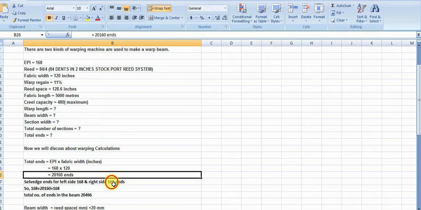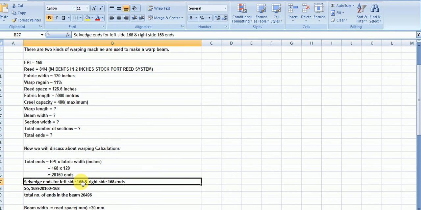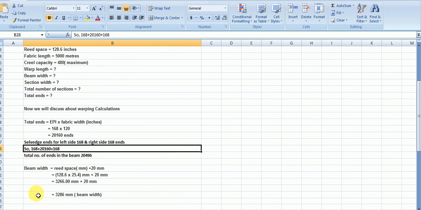A selvage of half inch or 0.75 centimeters is also okay. Here I have taken selvage for both sides, 168 ends on the left side and 168 ends on the right side. So this will be the calculation: selvage on the left side, selvage on the right side, and the body ends.